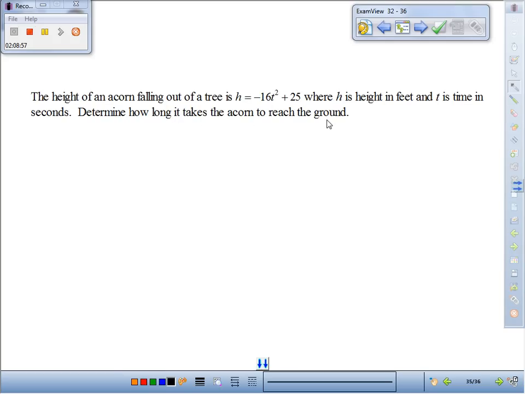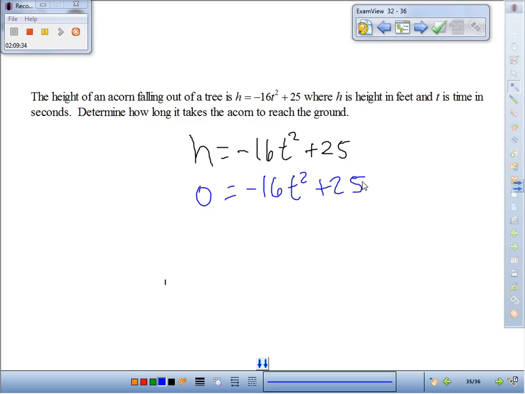Determine how long it takes the acorn to reach the ground. Look at the equation that they give us. To solve for the variable t, we need to make this equal to what? 0. So this becomes 0 equals negative 16t squared plus 25.